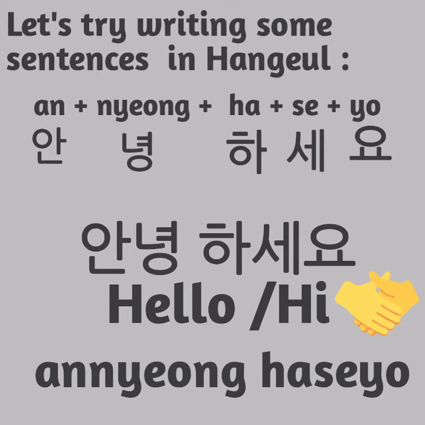Here ieung is used as initial because a block always starts with a consonant, so we are using ieung as the consonant, and the initial sound of ieung is silent. There is no initial sound of ieung. And the next is a, and next is n, an. The next one is nyeong.